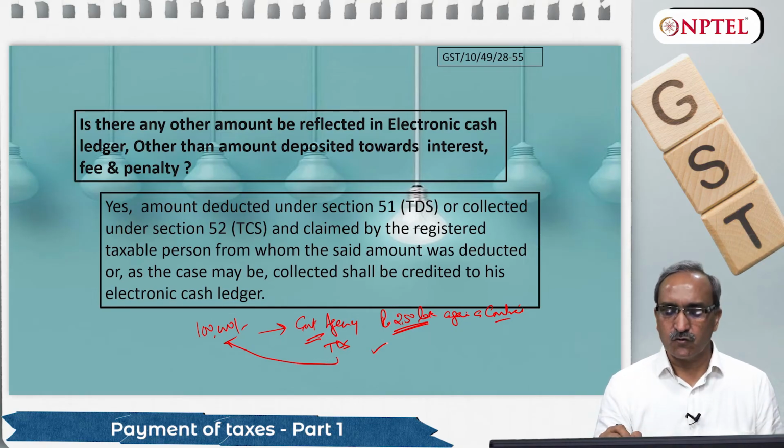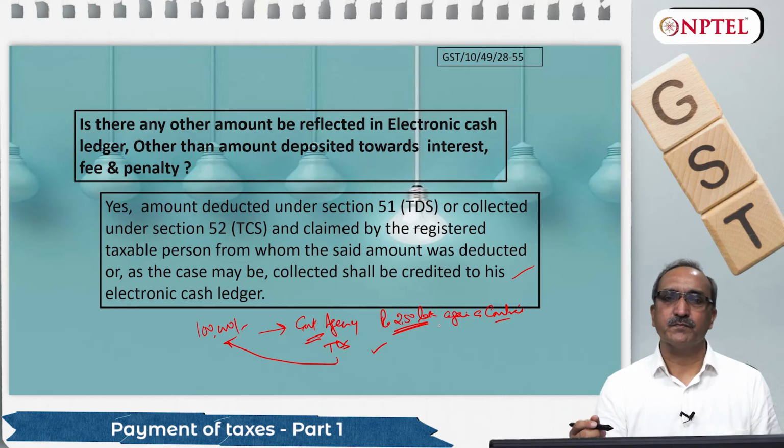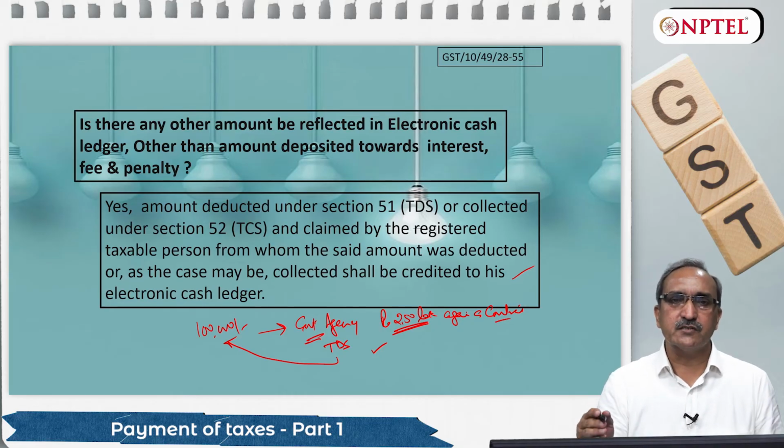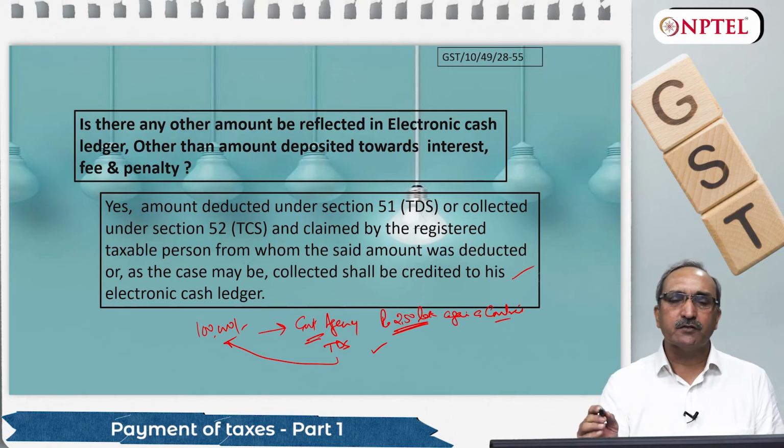This TDS amount will be reflected in your cash ledger, and you can use this amount for payment of your taxes, because the TDS, advance tax deducted by your buyer and deposited to the government account, has been credited to your cash ledger.